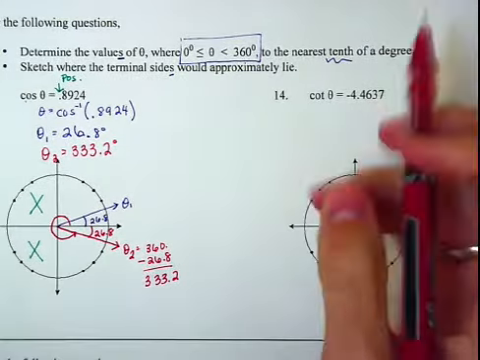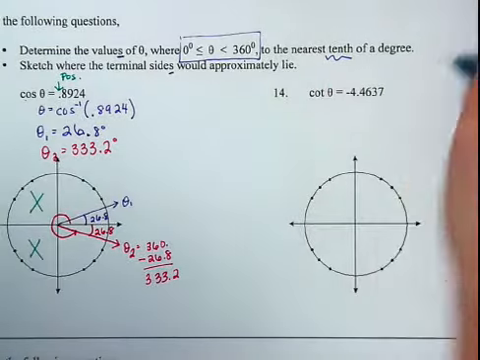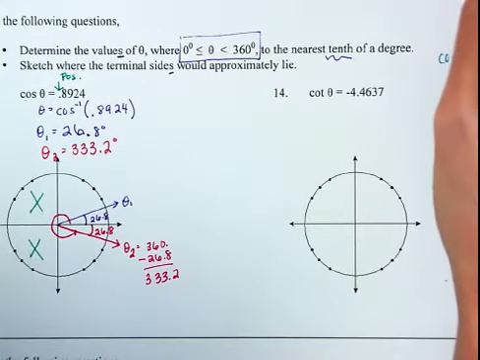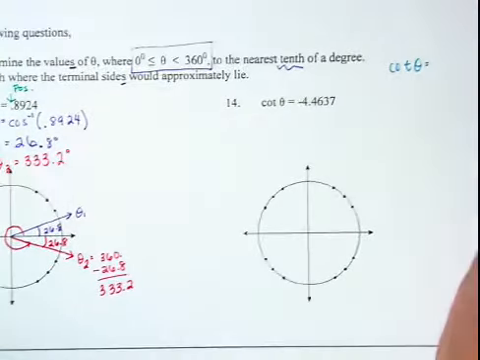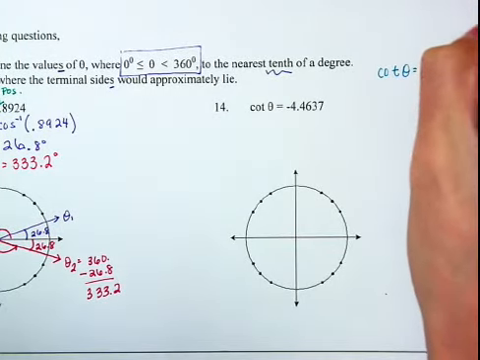For number 14, trouble. Okay, first thing that I notice is that it's cotangent. I know that cotangent is 1 over tangent.